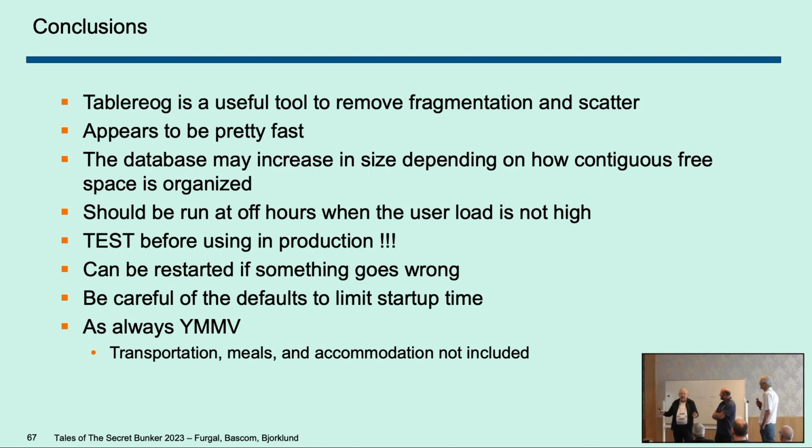And the reason I said it is because when I started running it, it was going quicker than I expected. I expected it to be much slower than it is. And as you see from the comparison of the other ways to get rid of fragmentation, it beats them all. So pretty fast is an accurate assessment.